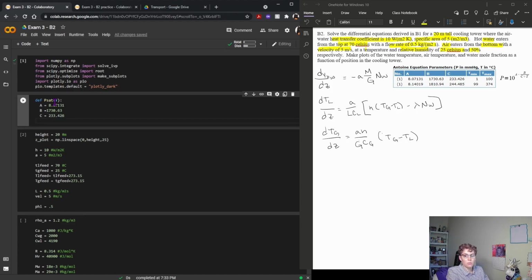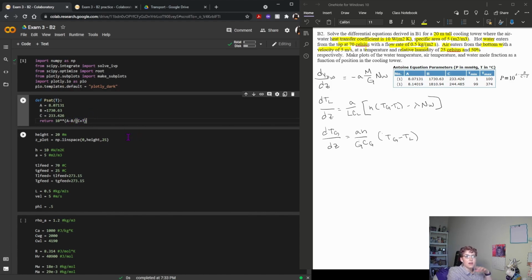And then what we're going to return is our saturation pressure, and so that is equal to 10 to the power of A minus B divided by C plus T, and this is in parentheses.